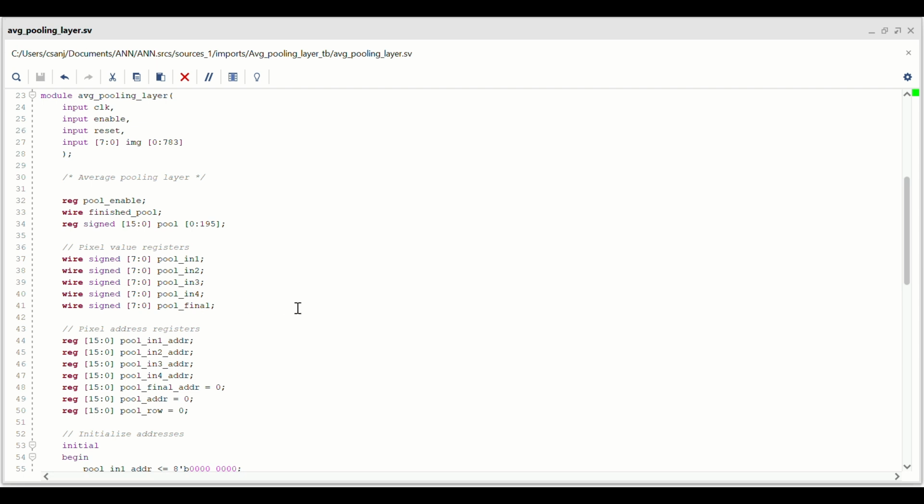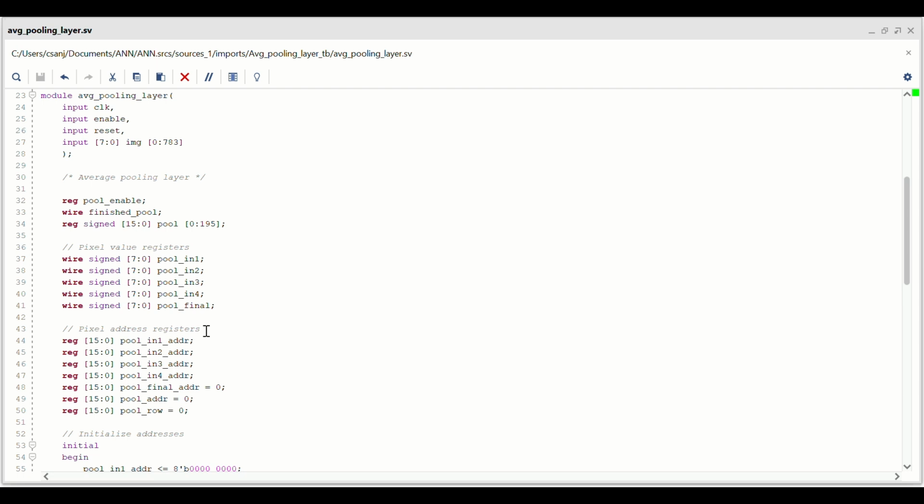Right shift by n, for example here in1 plus in2 plus in3 plus in4 right shift operator, then if n is written, this means you divide it by 2 to the power n. Since the n value here is 2, I will divide this entire sum by 2 to the power 2, which is 4. So this is nothing but averaging the pixel value. That is given as the output, and you assert done as 1.